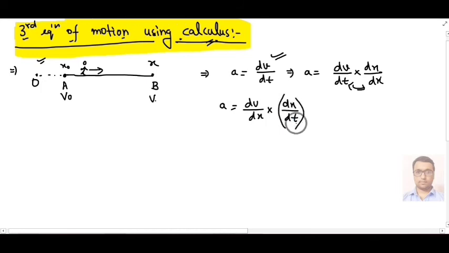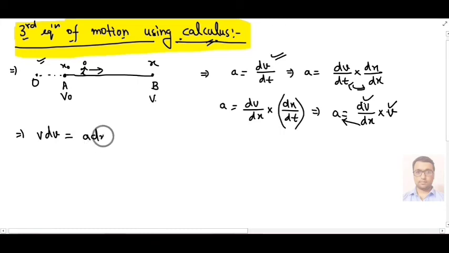And we know that displacement upon time is our velocity. So acceleration will be dv over dx into velocity. From here, same variable and same differential coefficient, keep these together, like v and dv together and a and dx together. From here you can write that v dv equal to a dx.